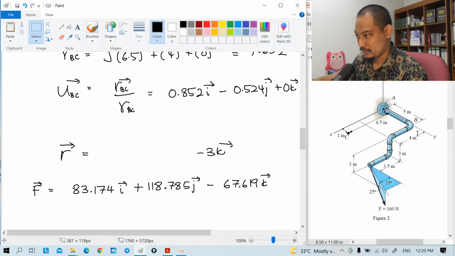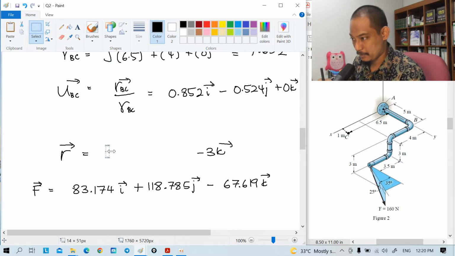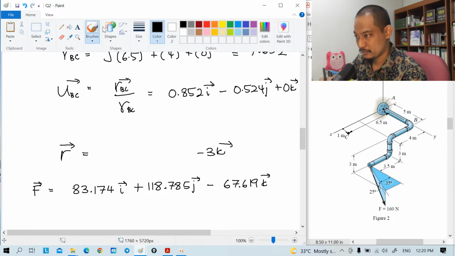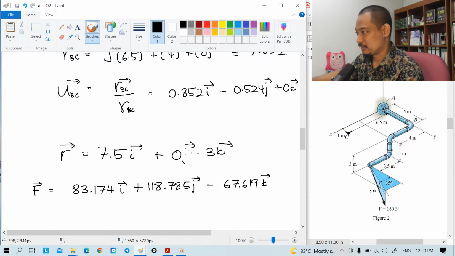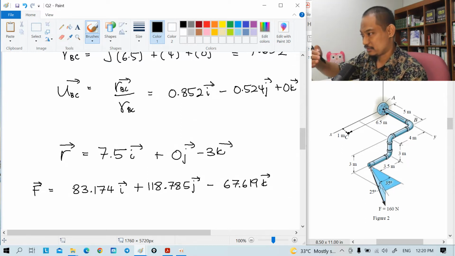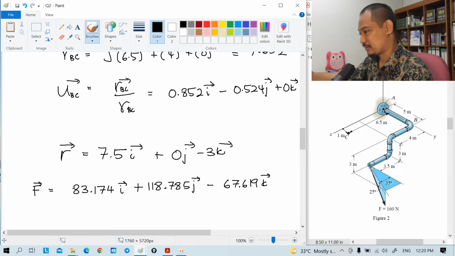So it should be 7.5 i plus 0 j, right? So 7.5 in the x-axis, 0 in the y-axis, and minus 3 in the z-axis.